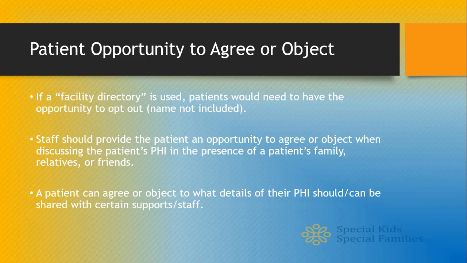We want to be very sensitive to our patient and make sure that they only want the people close to them that they trust around them when we are talking about confidential information. A patient can agree or object to what details of their PHI should and can be shared with certain supports and staff. So if a patient does not want part of their medical history to be shared, that is confidential.